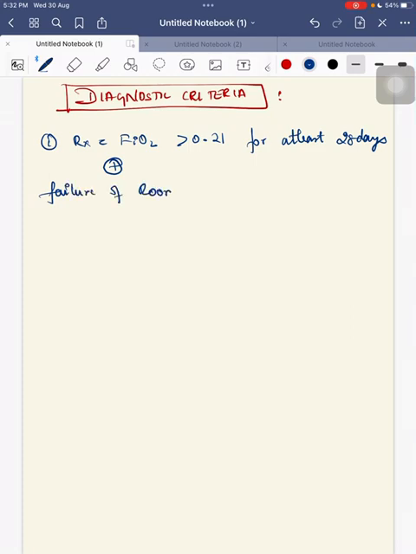This diagnostic criteria is taken from Avery's textbook of newborn. First is treatment with FiO2 of more than 0.21 for at least 28 days. Along with that, the child will have a failure of room air challenge test at 36 weeks of post-menstrual age, because the child was not able to maintain saturation in room air between 90 to 95%.